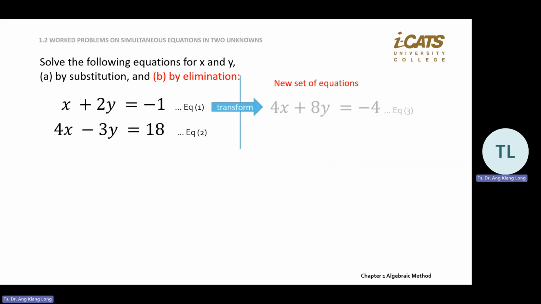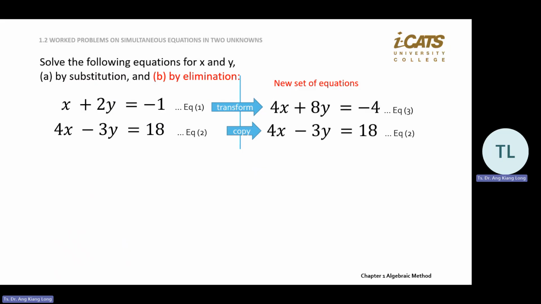In a new line, you write equation 3: 4x plus 8y equals minus 4, meaning equation 1 has been transformed into equation 3. You do not need to transform equation 2 because our main objective is to have the same coefficient.